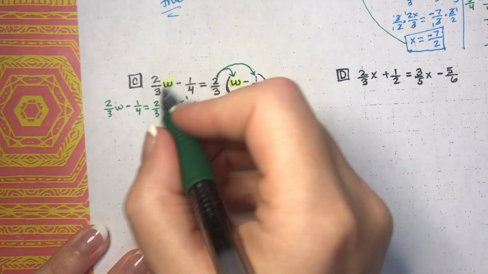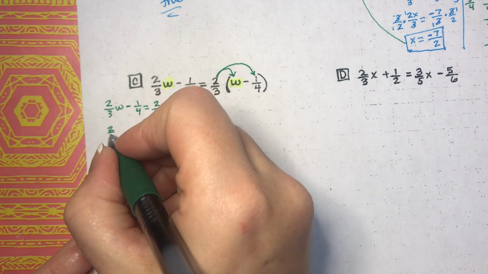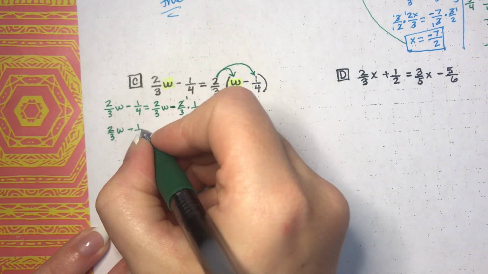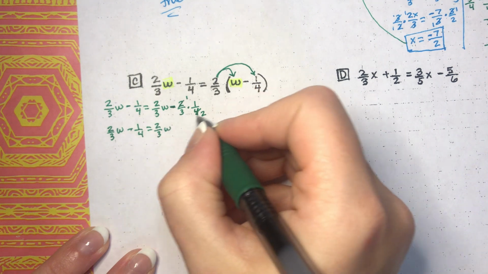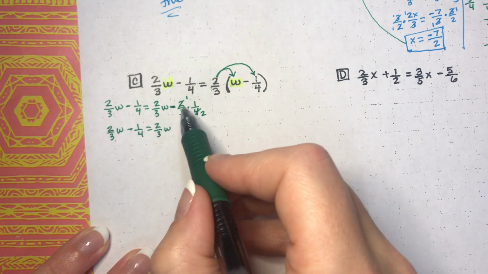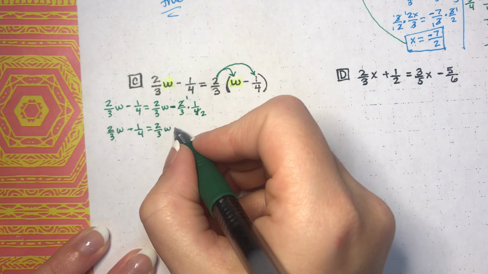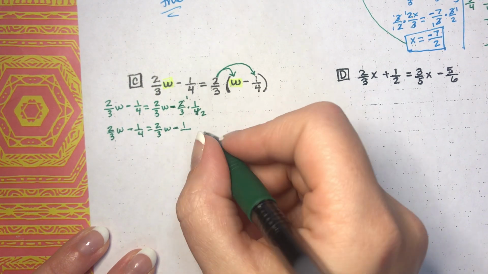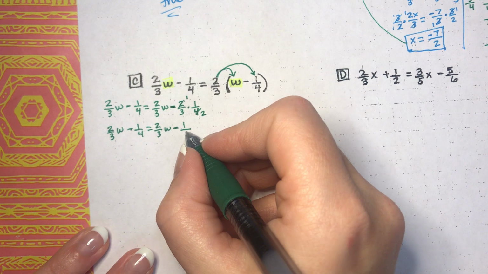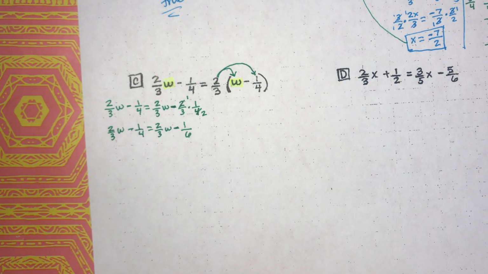But first I'm going to rewrite all this. So 2/3 W minus 1/4 equals 2/3 W. And then we multiply across. A negative times a positive is a negative. 1 times 1 is 1, all over 3 times 2 is 6. Okay.